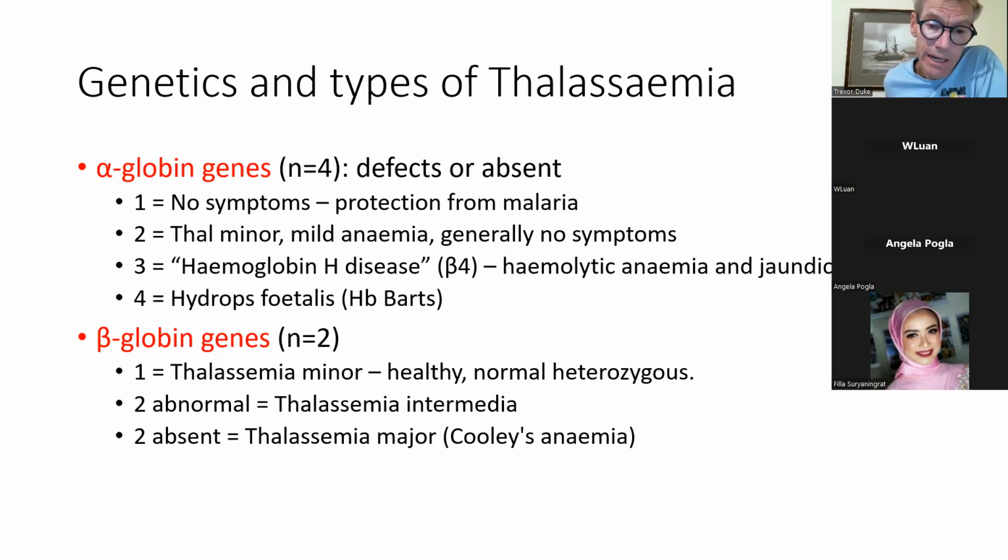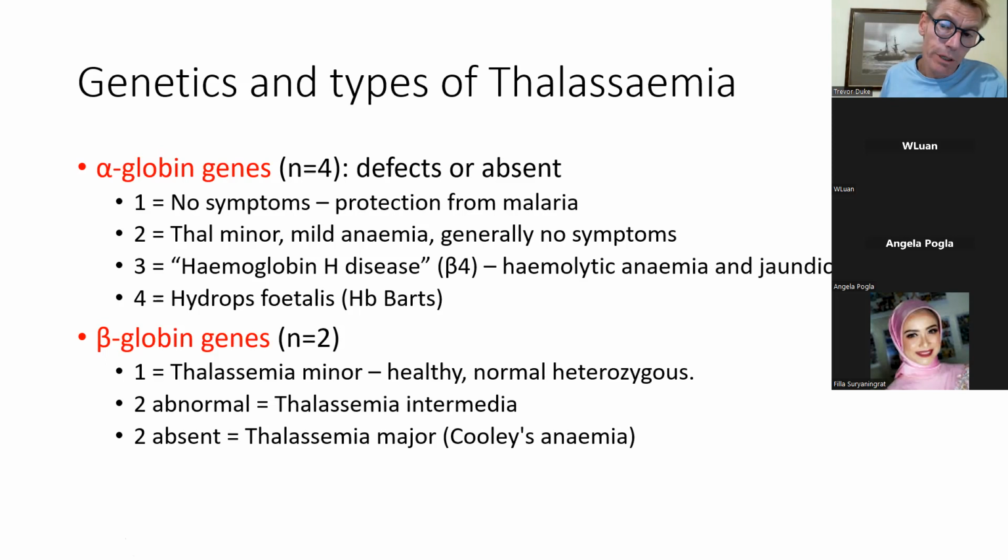And you'll see children with that have a degree of thalassemia. They need their blood transfusions on a regular basis, but not as severe as if you've got two of the beta globin genes that are completely absent. Then you have thalassemia major, or what's called Cooley's anemia, the typical form of severe thalassemia we sometimes see in children.